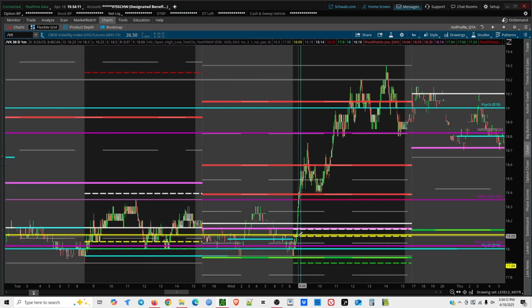And it bounced with ferocious strength straight through the previous day high for VIX futures, a pivot line, the previous day VWAP close, and the main pivot line for VIX from yesterday.